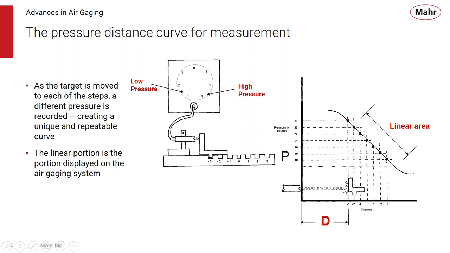You can see on this example that there's a very linear portion of that curve. And that's basically what we're going to use to measure dimensions with our air tooling: this linear area from the pressure distance curve.